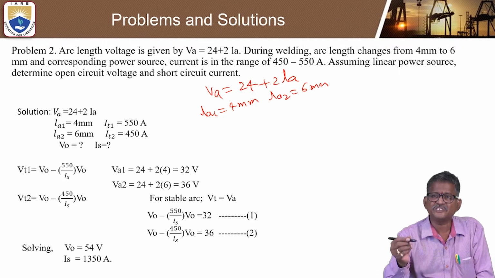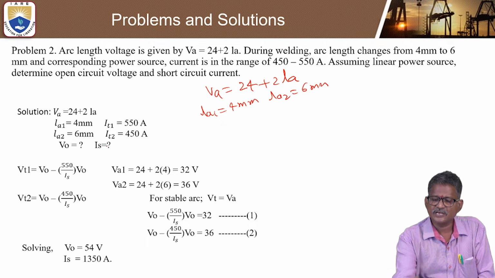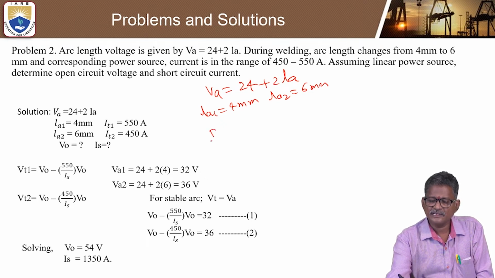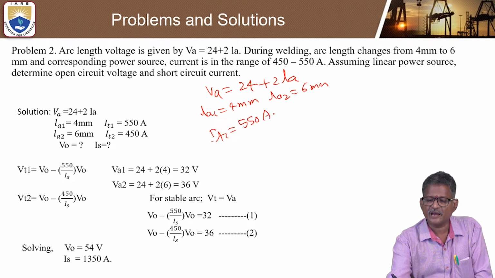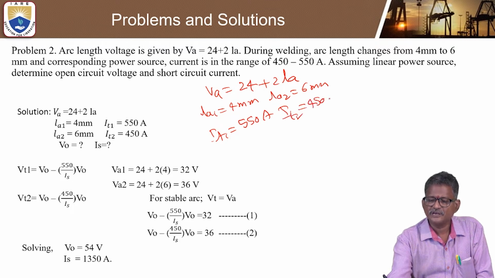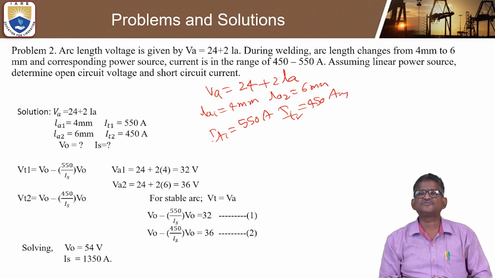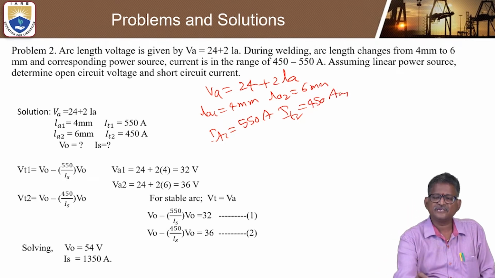Here some mistakes can be made. They can put I1 as 450. It is wrong. Here you should put 550 amps, and I2 is 450 amps. Majority of the students make mistakes here.